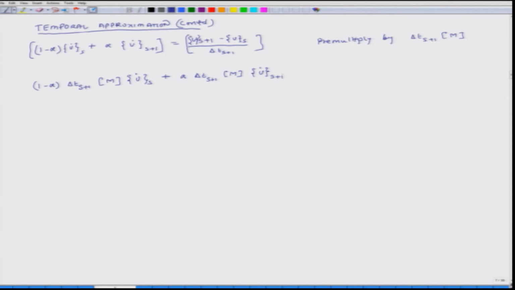This is what we have done on the right side, and we do the same thing on the left side. So delta t s plus 1 cancels away, and all we have is mass matrix M times u at s plus 1 minus u at time step number s. So this is equation 1.